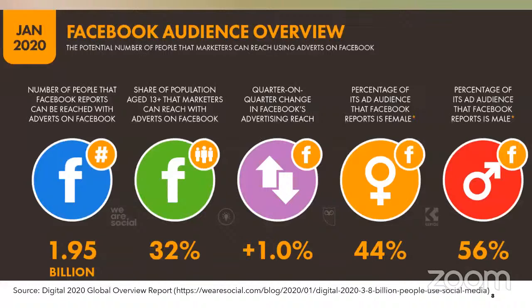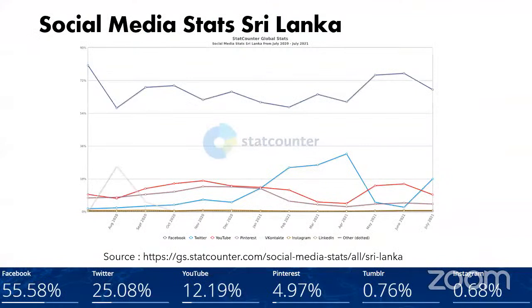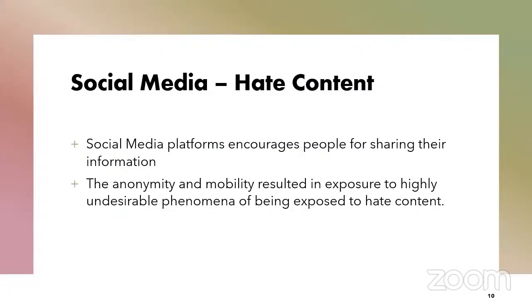Facebook is a social media platform used by Sri Lankans, and the total addressable Facebook audience now stands at 1.95 billion. This graph shows the usage of social media platforms among Sri Lankans, and it clearly shows that Facebook is dominant.